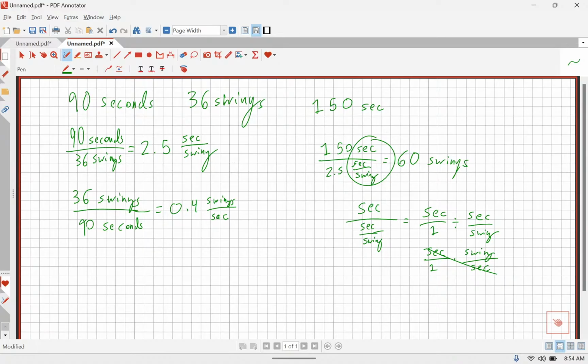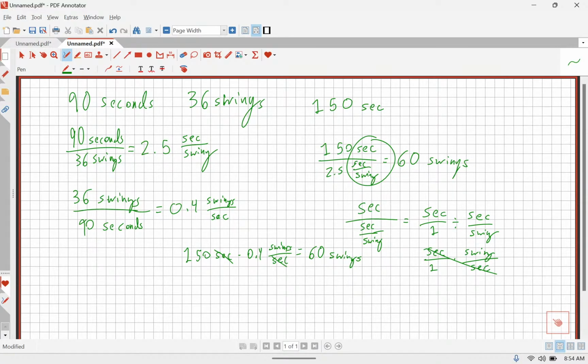Now, did you divide 150 by 0.4 to get the 60 swings, though, Melissa? Yes, because 150 seconds times 0.4 swings per second divides the seconds out, and you still get 60 swings. Okay.